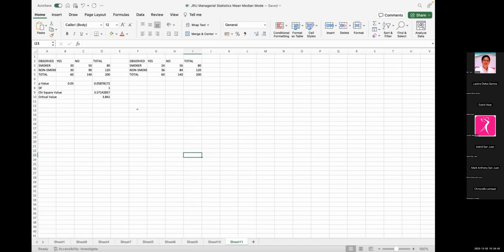So again, he made a contingency table. Maybe you can highlight it. This is also the value he got, Doc Tim. This one is on your right, the contingency table.